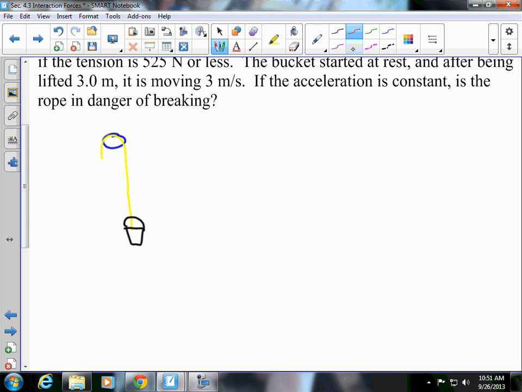We have the force of gravity pulling downward, and we have the force of tension going up. So since we only have two forces at play, our net force is equal to the force of tension plus the force of gravity.